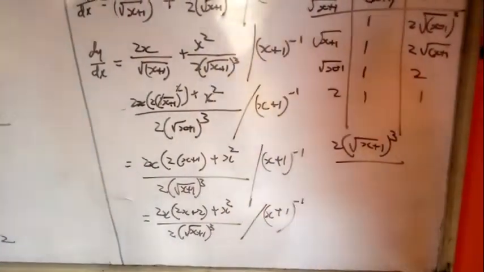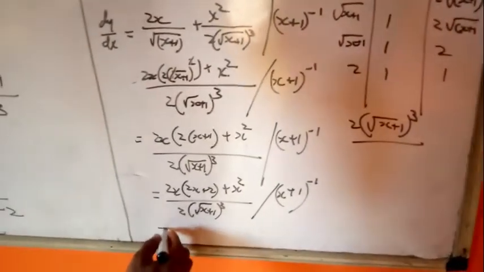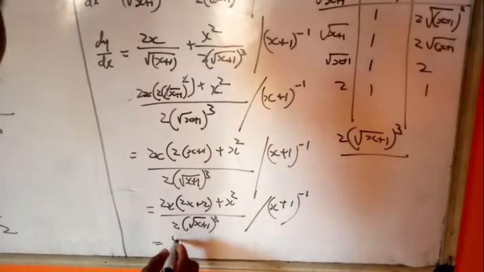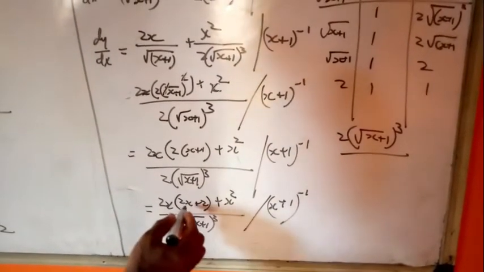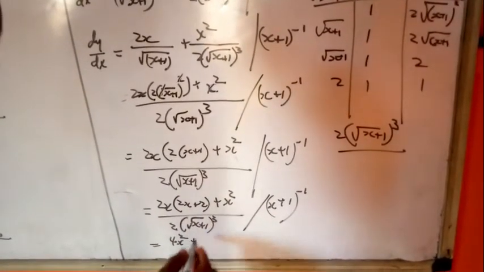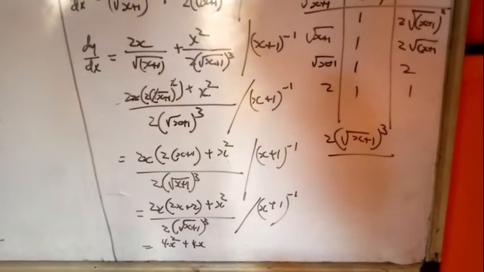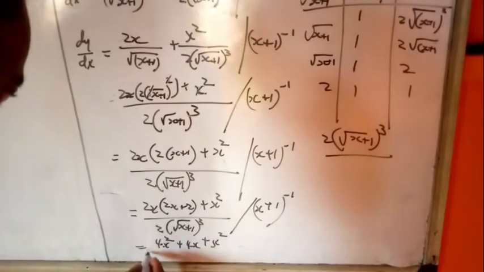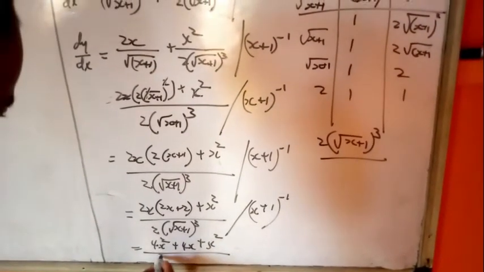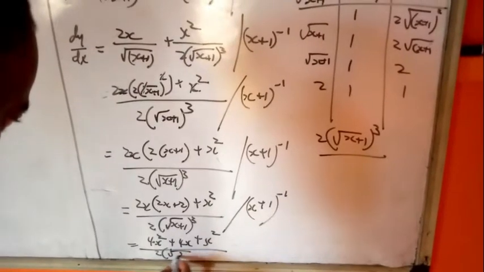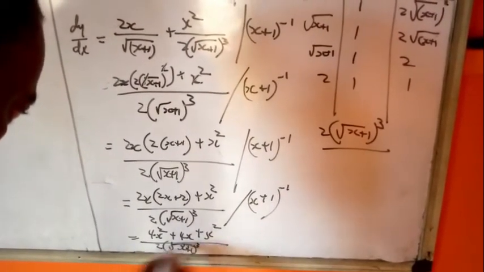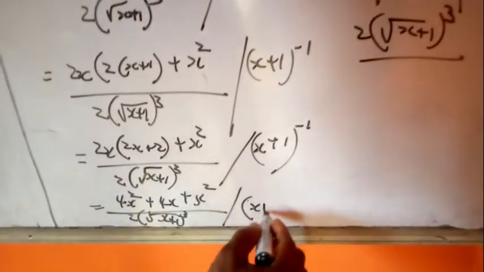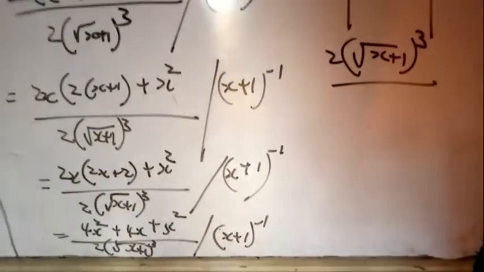It's easier here, but we can still go further. We multiply this, and you now have 4x squared plus 4x plus x squared all over 2 into root x plus 1 raised to power 3 all over x plus 1 raised to power minus 1.